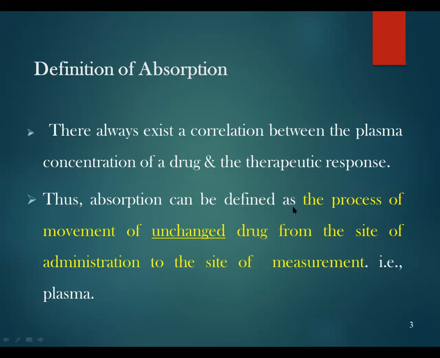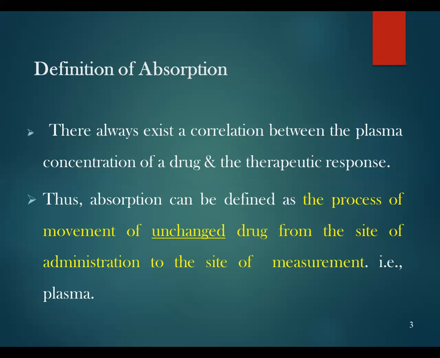Let's understand its definition. What is the definition of absorption? Before that, remember one point. A correlation exists between the plasma concentration of the drug and the therapeutic response. See, why are we so worried about the drug reaching systemic circulation? Because that is the drug which is trying to reach the therapeutic site. So there is a relation between the plasma concentration of the drug and the therapeutic response.